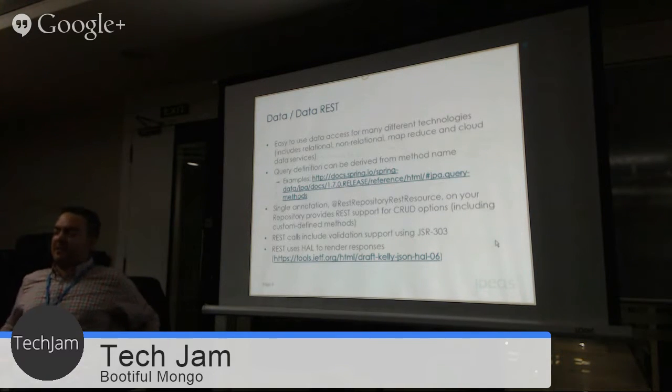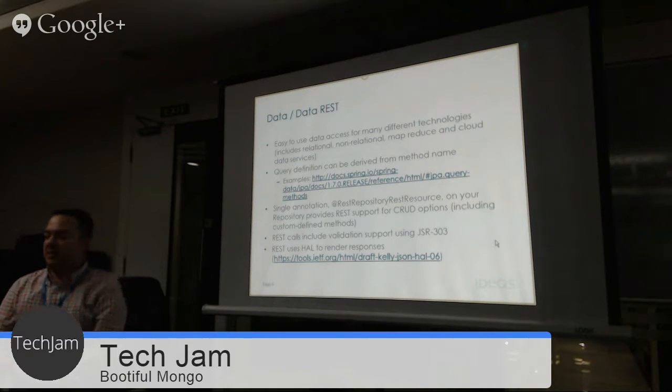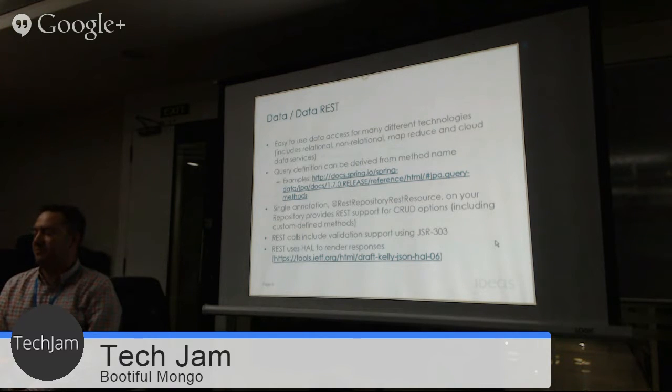Now, lastly, I wanted to talk about Spring Data. If you use a relational database, odds are you're using some sort of an ORM like JPA. Maybe you just do straight up Hibernate, or maybe nothing at all. Spring Data kind of helps you with your data access. Why not get CRUD for free?